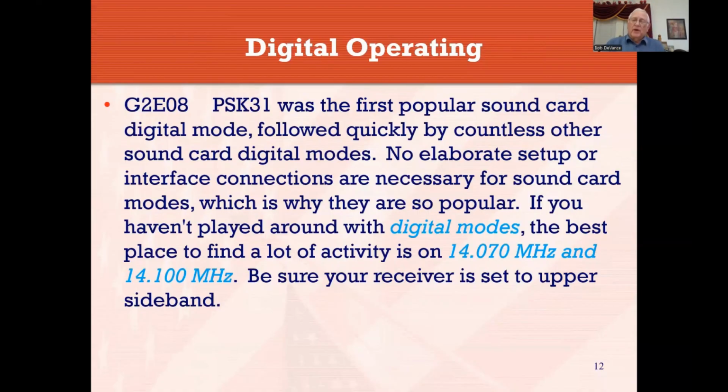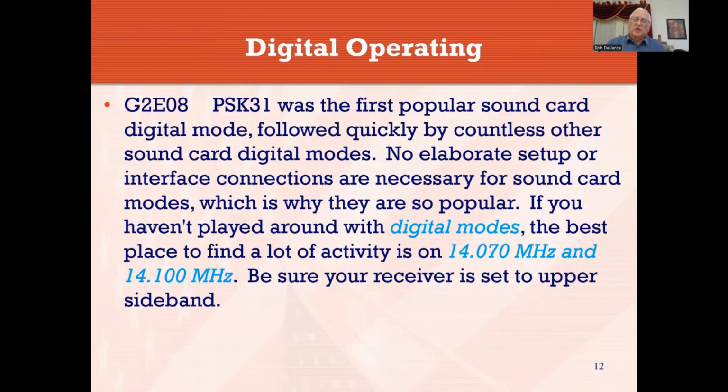If you haven't played around with the digital modes, a little thing to note: the place to find activity is 14.070 megahertz and 14.100 megahertz. Those are two of the hot digital places. Since they're both in the 20-meter band, and the 20-meter band is the nearest we have to an around-the-clock band, you can generally find activity on 20 meters any time of the day or night.